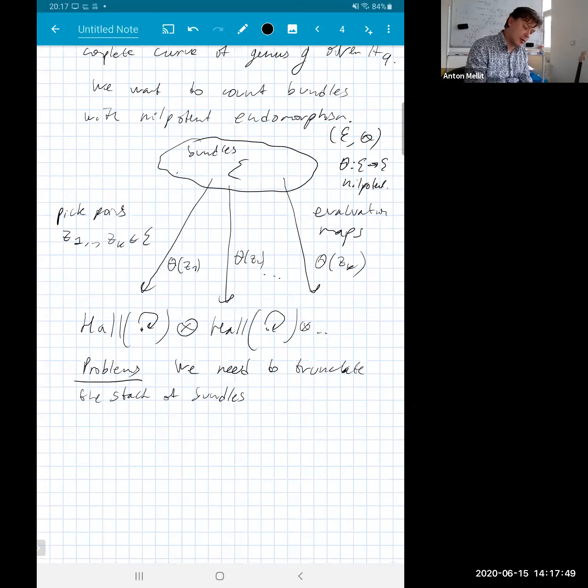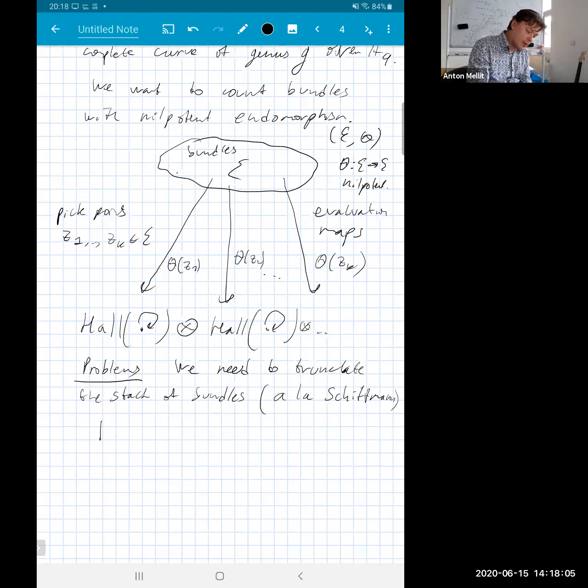And here is a, let's call it Schiffmann. He was computing volumes of this stack using this truncation.